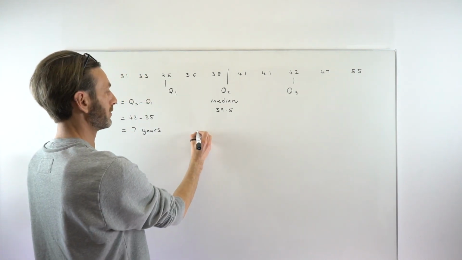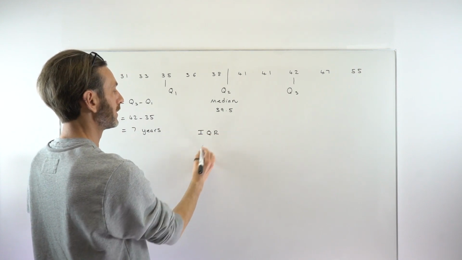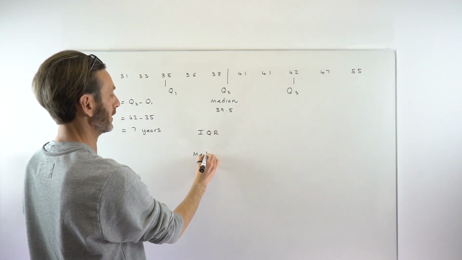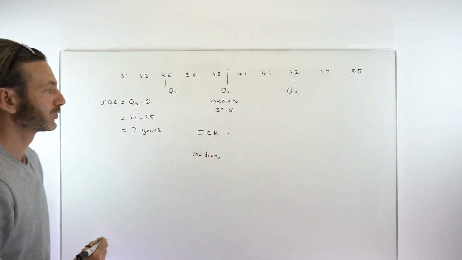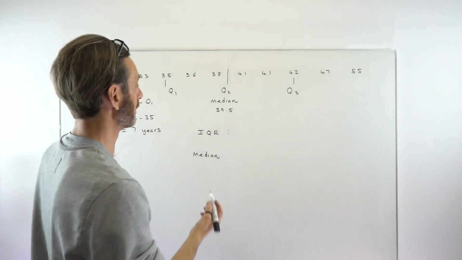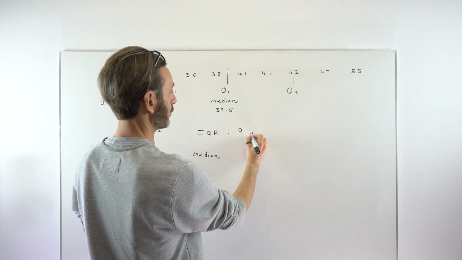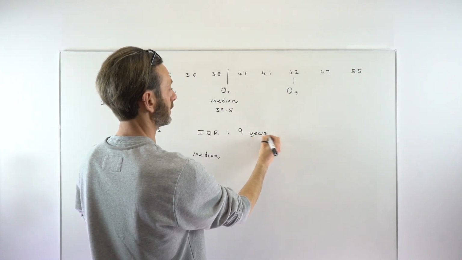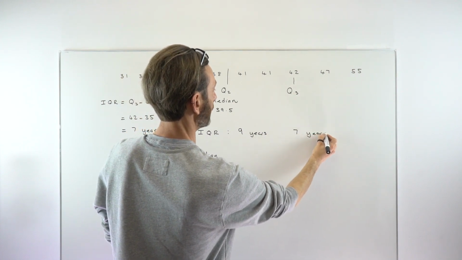So we want to compare basically the interquartile ranges, and we want to compare the medians. In part B of the question, we're told that the interquartile range for the newspaper is 9 years, and the interquartile range we worked out in part A is 7 years. So those are the two we're comparing for the interquartile range.